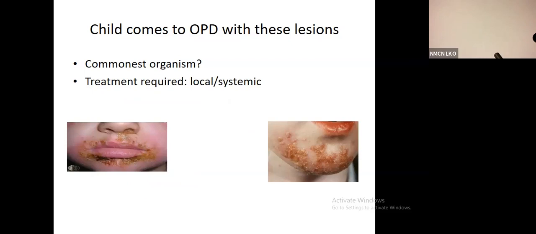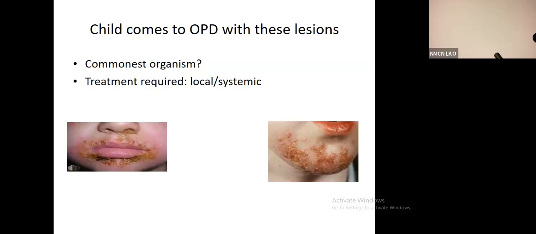Now, what is this? What's the name? Right? So basically, some honey-colored crusts kind of thing. What do you see in these children? It's a childhood condition.